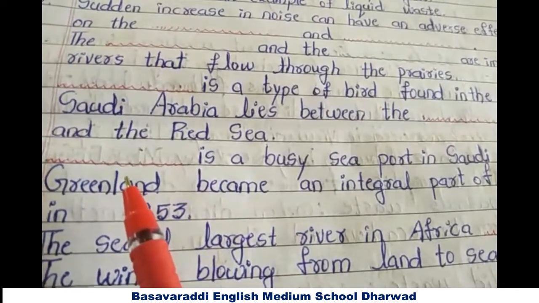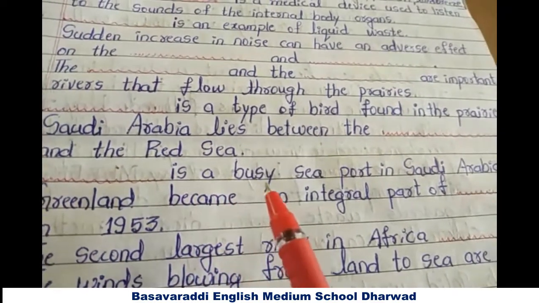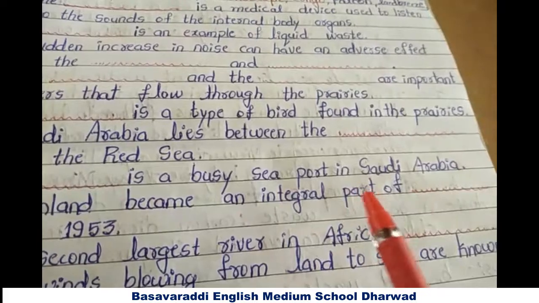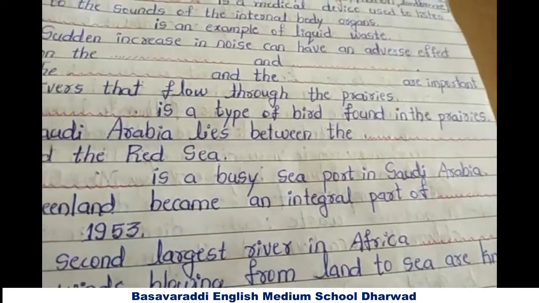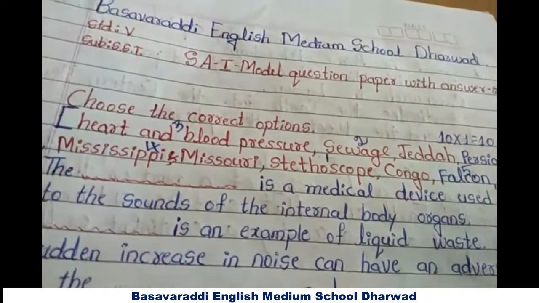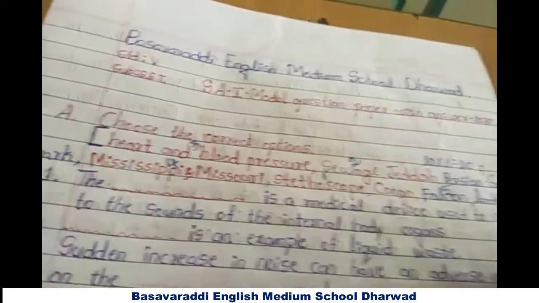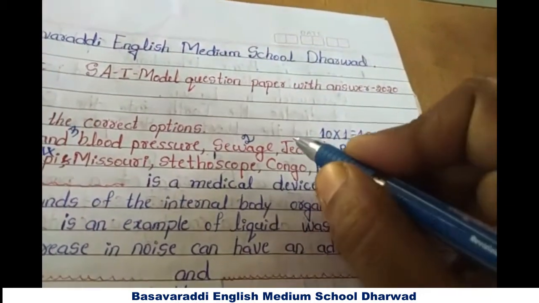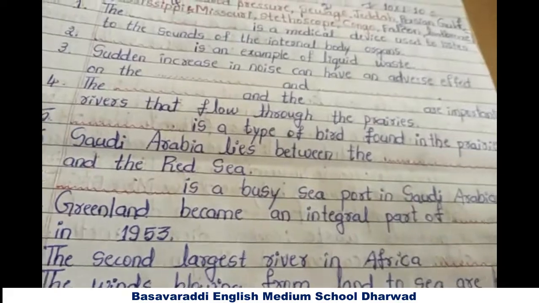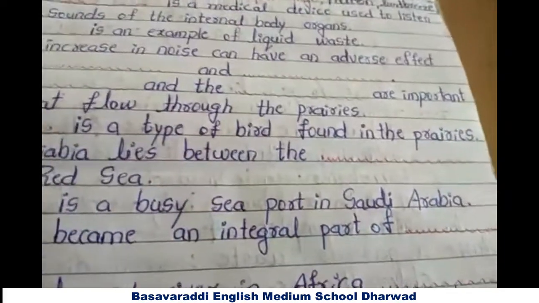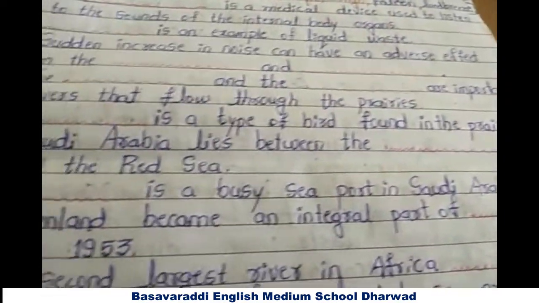Question number 7. Dash is a busy seaport in Saudi Arabia. Which is that, children? Jeddah. Is it? Jeddah is a busy seaport in Saudi Arabia.